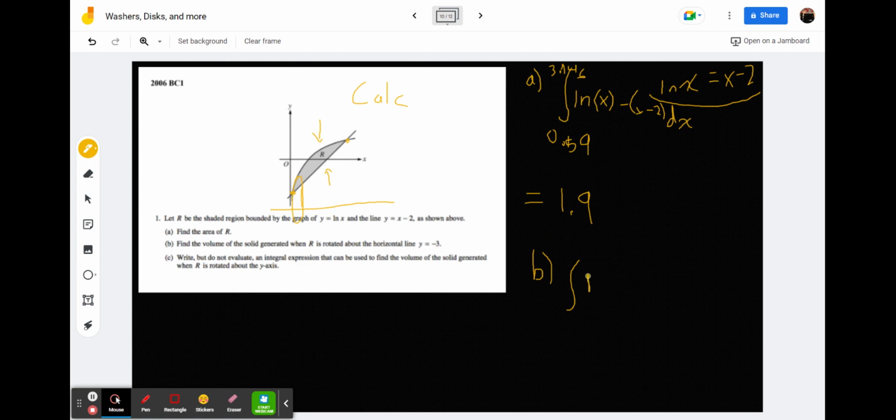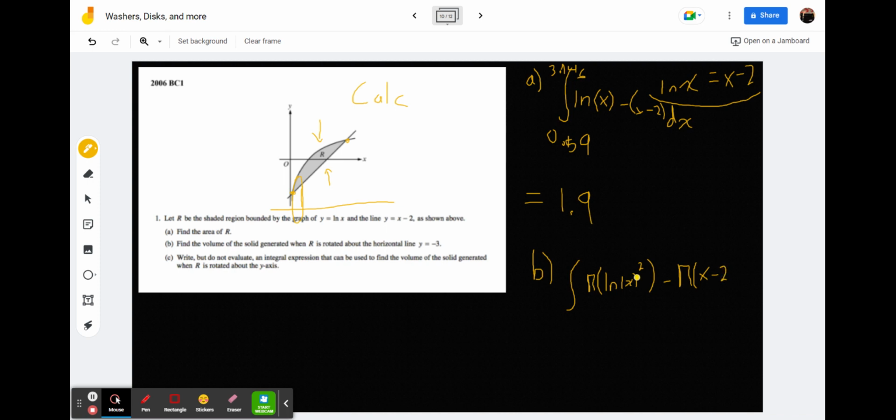So it's going to be pi ln x squared minus pi x minus 2 squared.